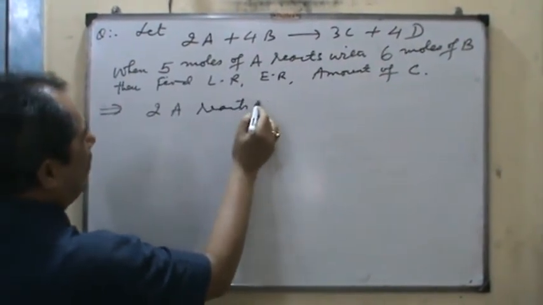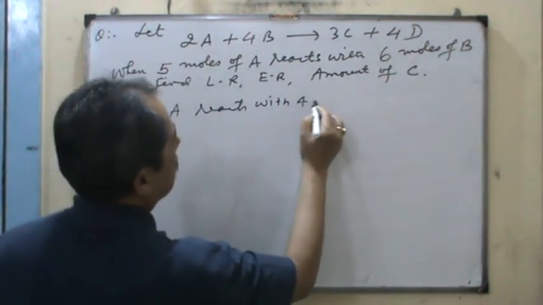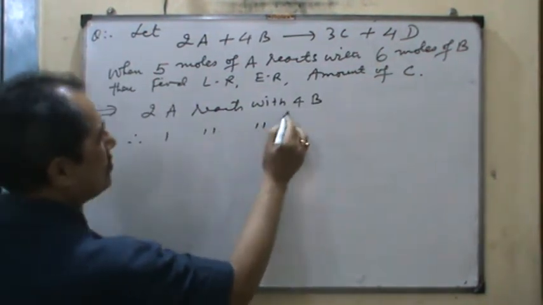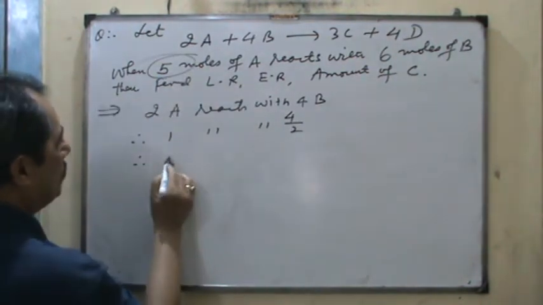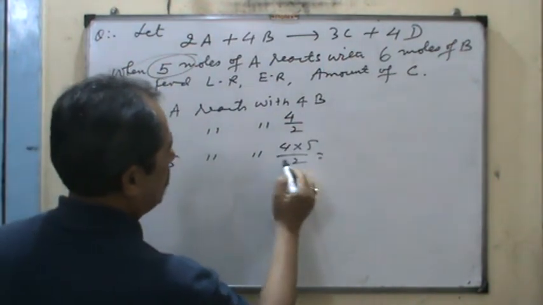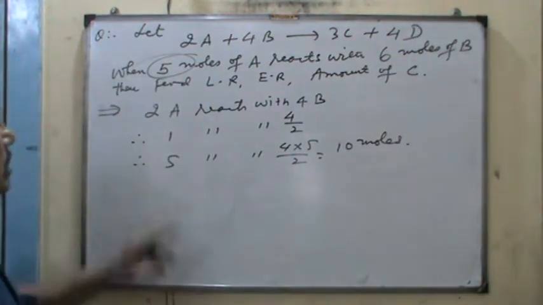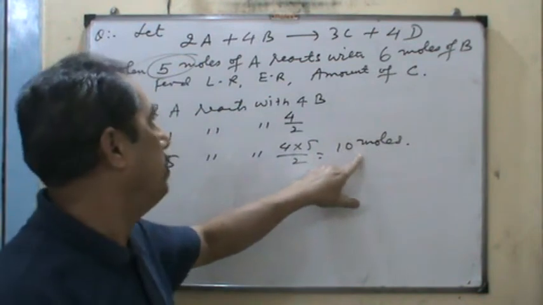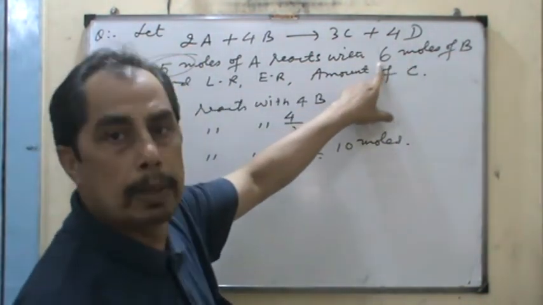2A reacts with 4 moles of B, therefore in 1, 4 by 2, therefore 5 moles of A, 4 into 5 by 2, what is your answer? 10 moles of B. That means A requires 10 moles of B, but how much B is given here? 6 moles.